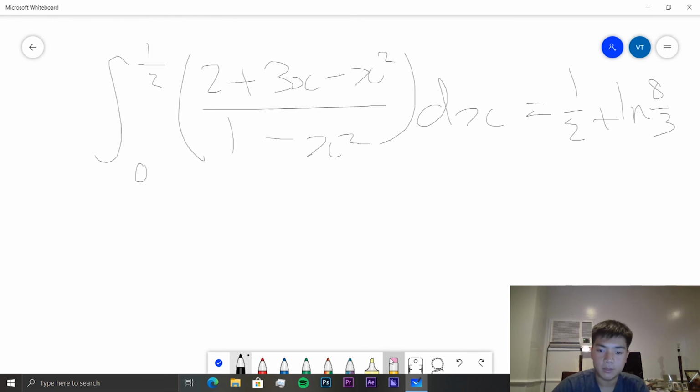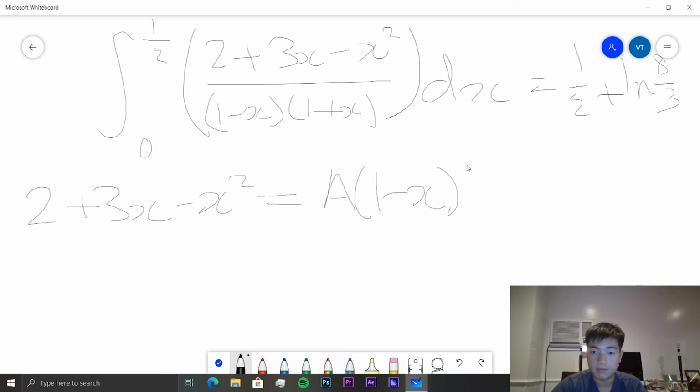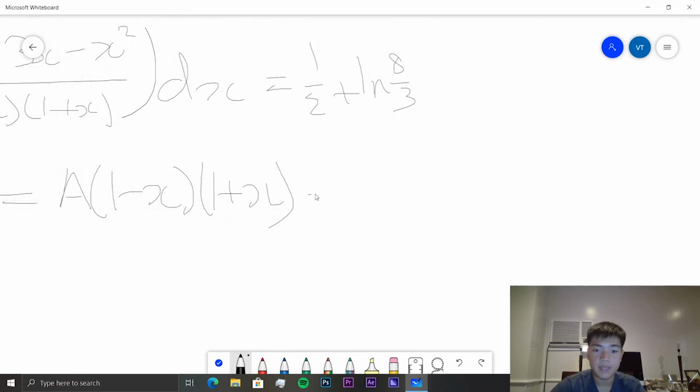1 − x² is equal to (1 + x)(1 − x). But we will also have a term that is independent of all the fraction terms. So more or less we can have 2 + 3x − x² is equal to a times (1 − x)(1 + x), this will be the integer term we take out, plus b times (1 + x) plus c times (1 − x).